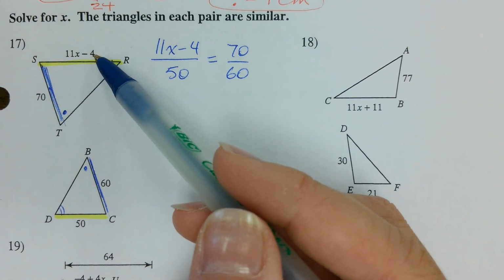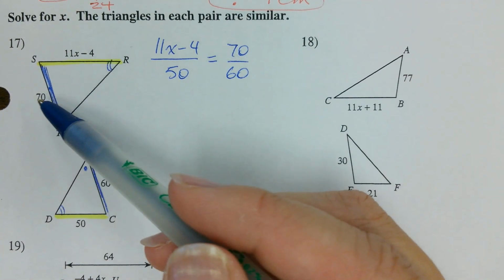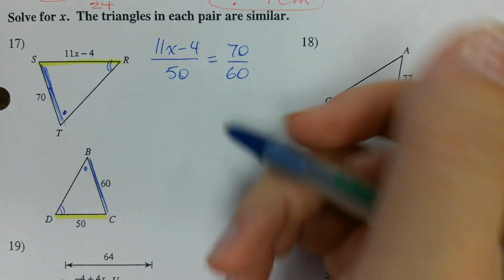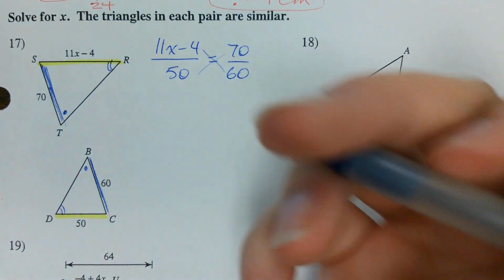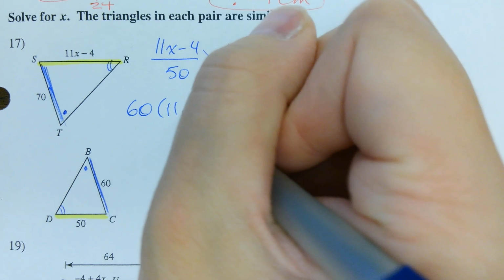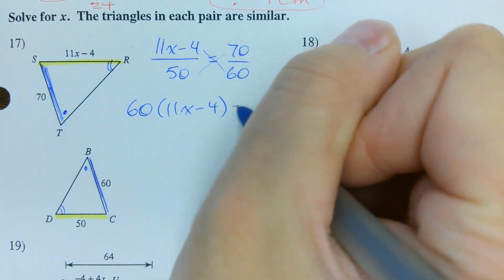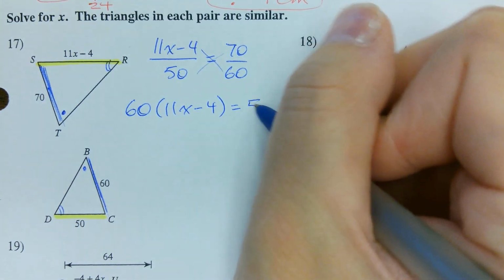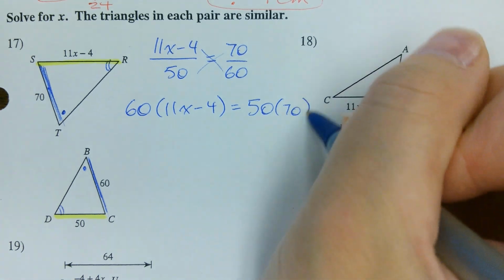So remember, if you're starting with this triangle, you have to start with this triangle. Okay, cross multiply. So 60 times 11x minus 4 equals 50 times 70.